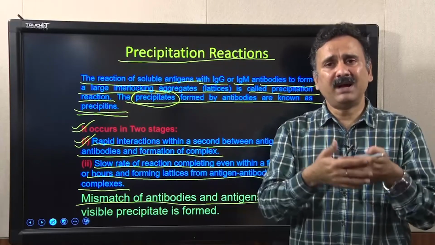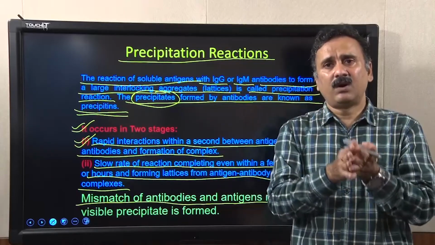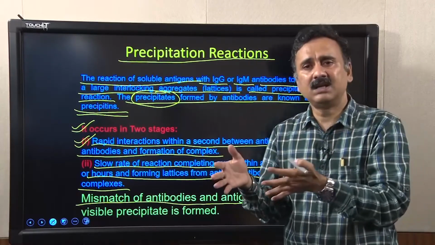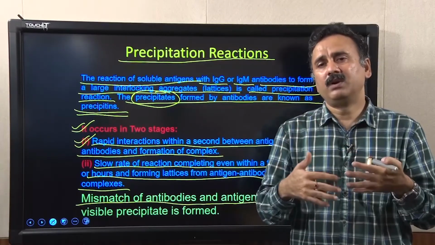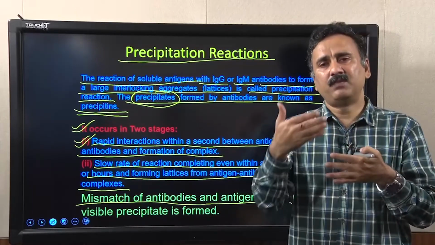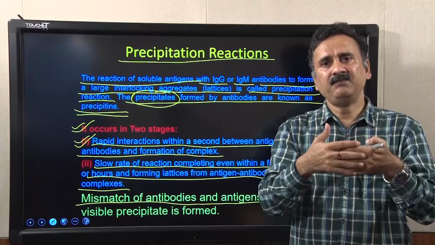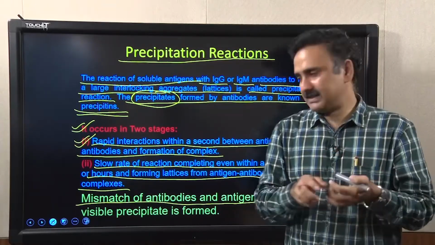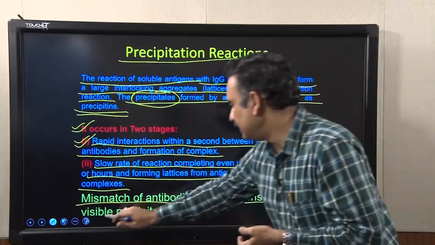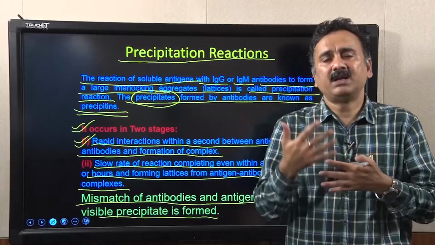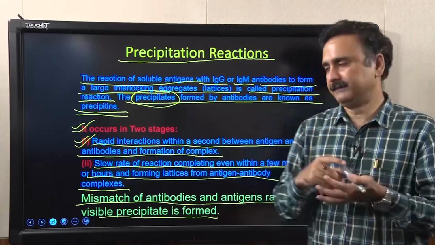If there is a mismatch, if you have too little antigen or too much antigen, the antibodies are not going to form the optimal precipitate, so you should add them in a particular ratio to observe optimal precipitates. No visible precipitate is formed if you have an inadequate ratio of antigen and antibody.